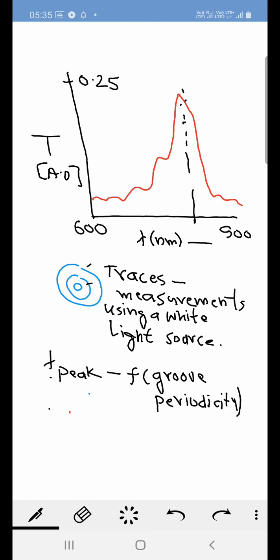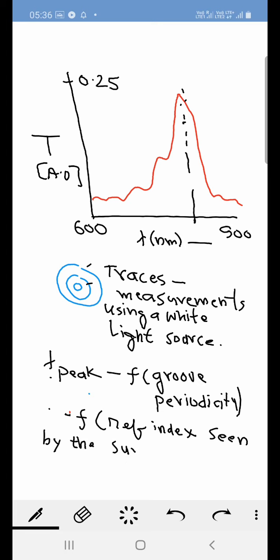And it is also a function of the refractive index seen by the surface plasmon wave, which mediates the transmission.